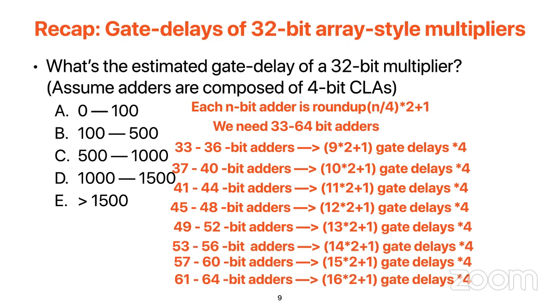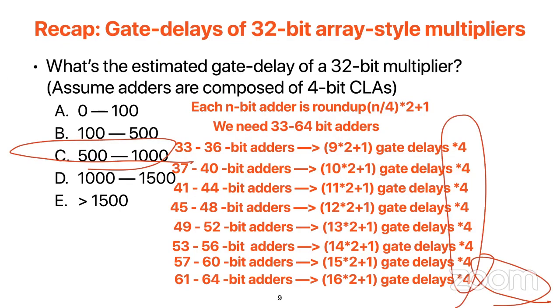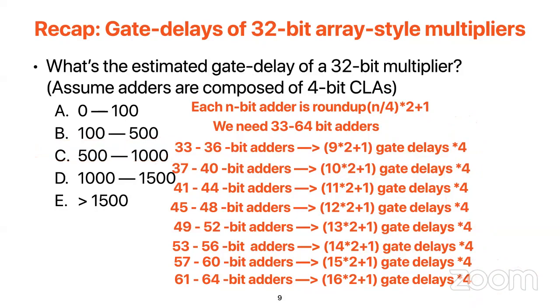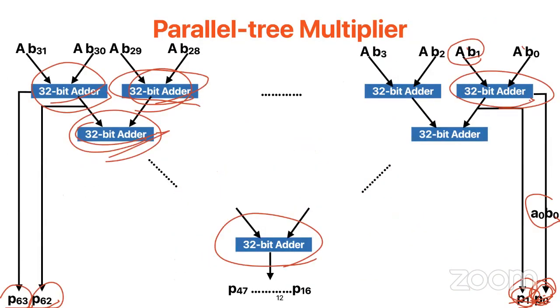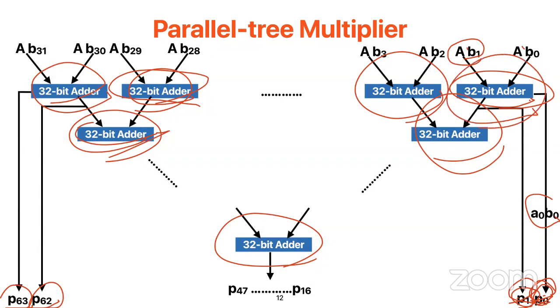However, if you want to make them a tree, then every pair you will need quite a few adders. So again, we are always trading area for efficiency.